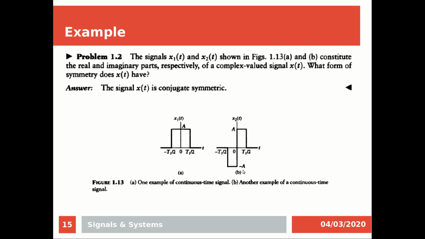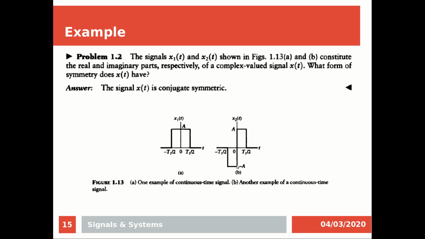The other one, b, he said is the imaginary part. So for the imaginary part, from 0 to t1 over 2, I have an amplitude of a. So I replace each t with minus t and put a minus outside. Okay, so here I will have a, so on the other side I am supposed to have minus a.